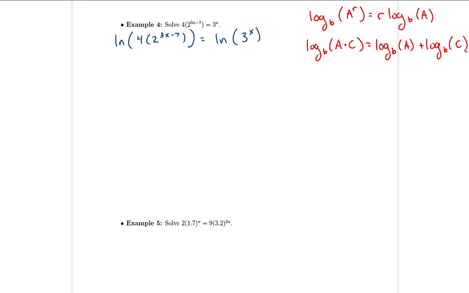And this is going to be important because if I use this property right here, then I can write it as the natural log of 4 plus the natural log of 2 to the 3x minus 7.